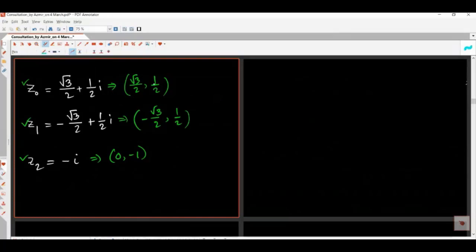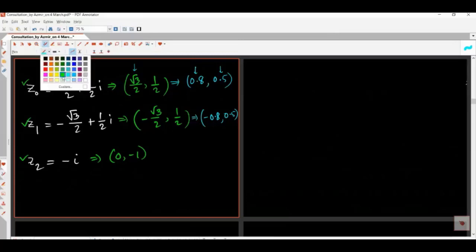Here root 3 by 2 is approximately 0.8 and 1 by 2 is 0.5. We are also finding decimal values so that we can easily locate the points in our Argand diagram. Negative root 3 by 2 is negative 0.8.